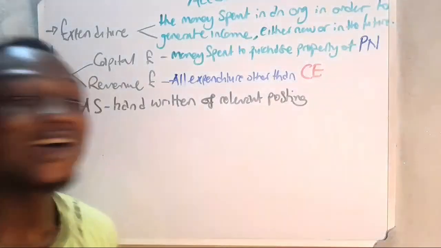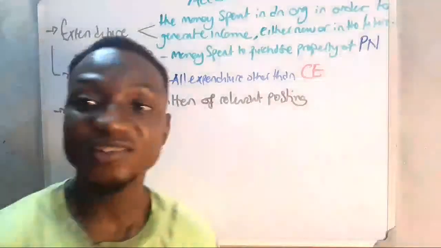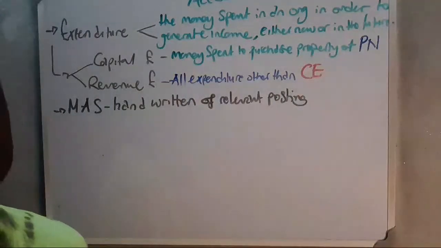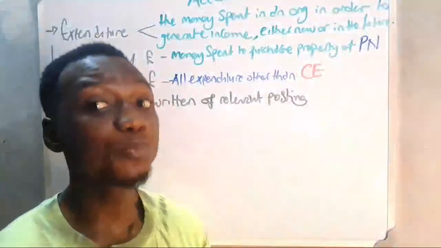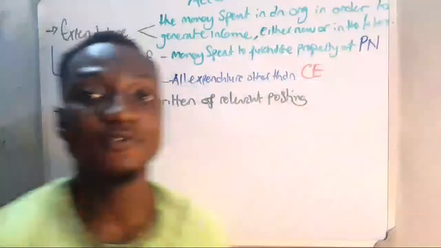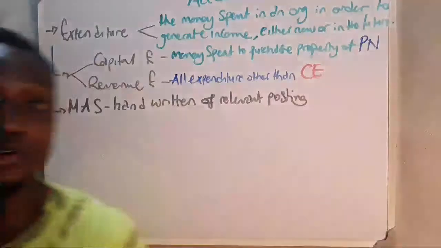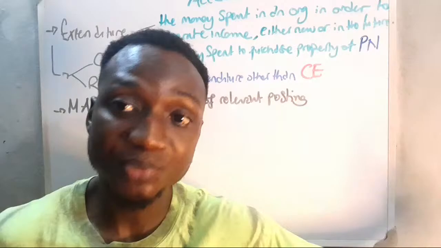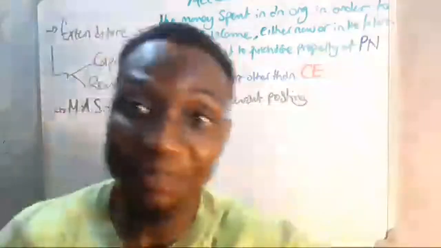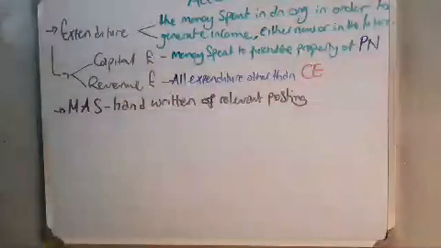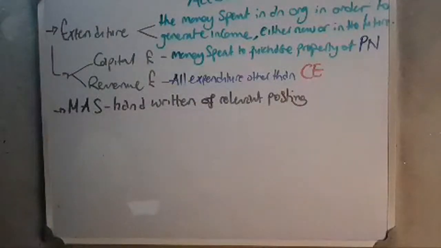The disadvantage here is that it's expensive, and the advantage is that, unlike the manual that is prone to error, this is not the case with the electronic machine, because they are always accurate. When you use Excel, it automatically calculates whatever you have inputted into cells. So we have that.